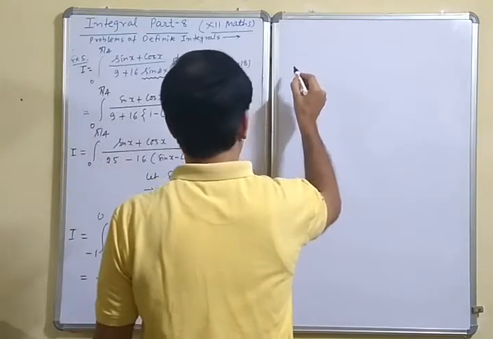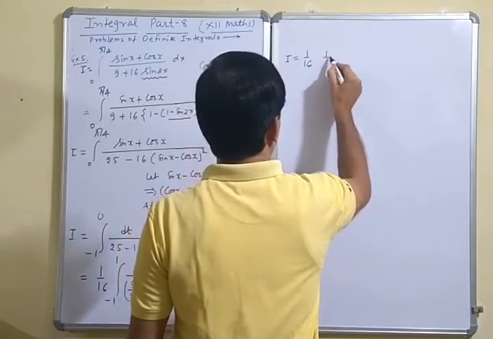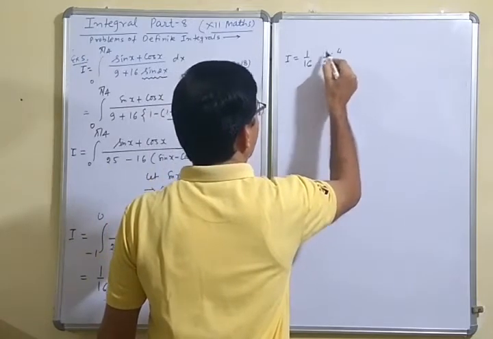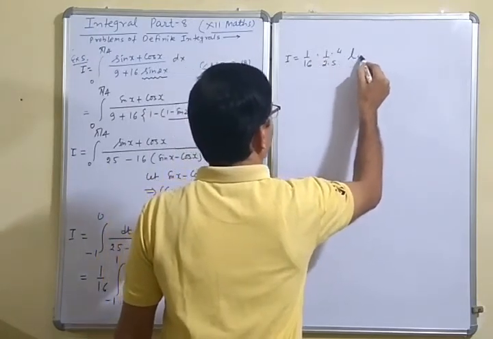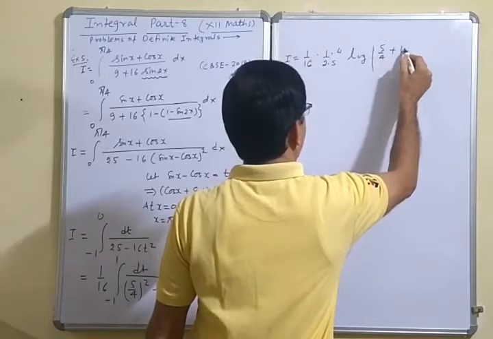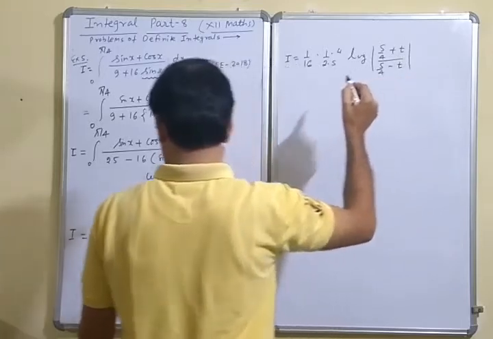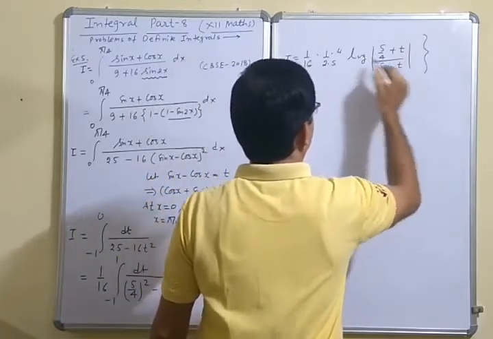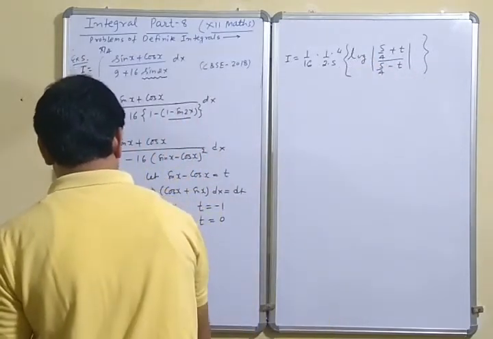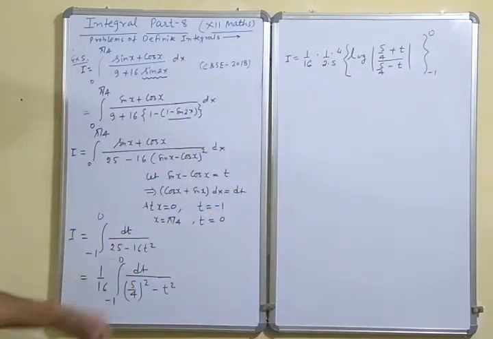So I is equal to 1 upon 16, times 1 upon 2a, where a is 5 by 4, log of (5 by 4 plus t) upon (5 by 4 minus t), and the limit is from minus 1 to 0.